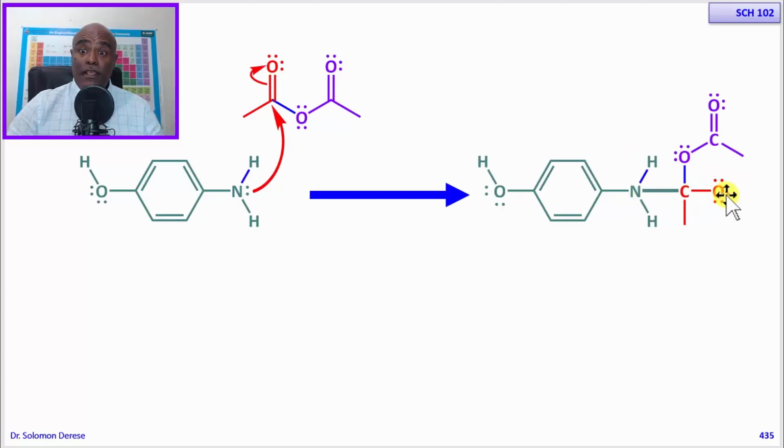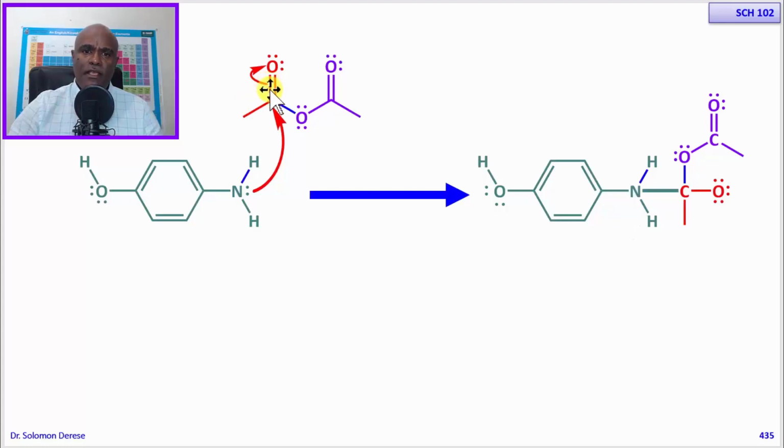Of course, since this nucleophile, the nitrogen, is a neutral nucleophile, when it uses its electrons to form a bond with the carbon, it becomes positively charged. So this nitrogen must become positively charged.